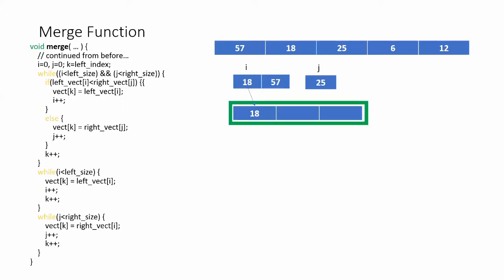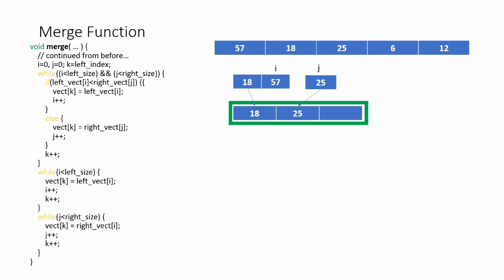So we enter our first while loop, and we look at the if statement. If left vector of i is less than right vector of j. In this case, this is true. So we say vect of k is equal to left vect of i, which in this case is 18. So then we increment i, right?